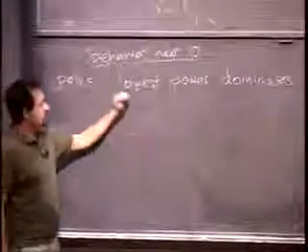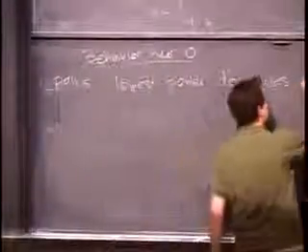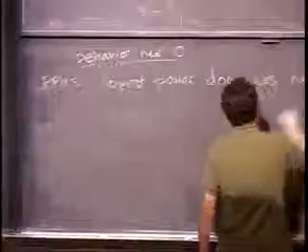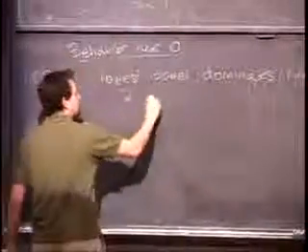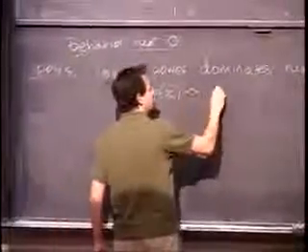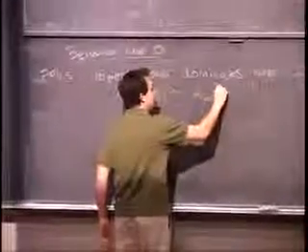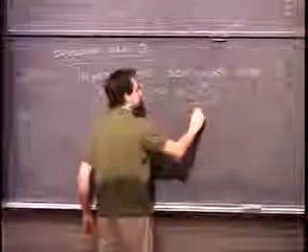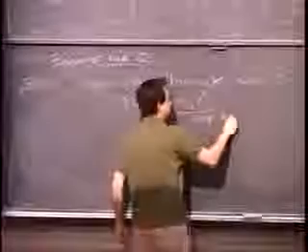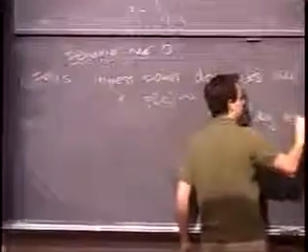Then I will tell you how to handle problem spots not at 0 or infinity. Okay, so let's just start at 0. Lowest power dominates near 0, i.e. p of x twiddles a_m x to the m, where this is the lowest degree term. And this is as x goes to 0.